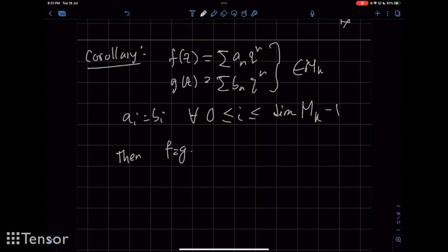So essentially you can have any d complex numbers as the first coefficients, and that determines a unique modular form of weight k. This is a very nice result.